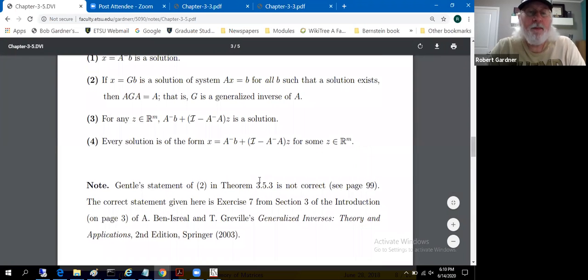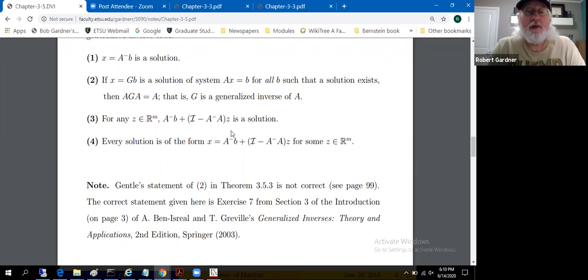Theorem 5.3 is this form. We're writing solutions by the generalized inverse, and we'll set a zero vector here. So we'll have a zero vector plus a certain thing in terms of this identity matrix.